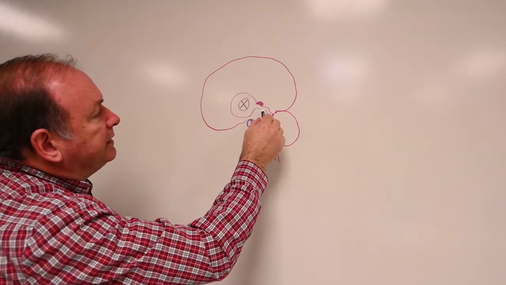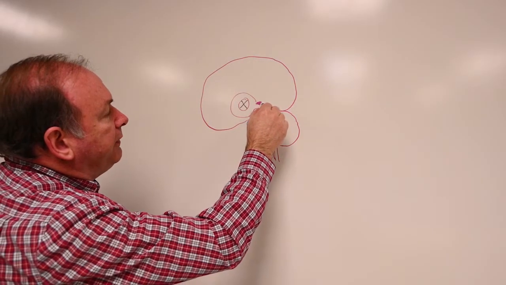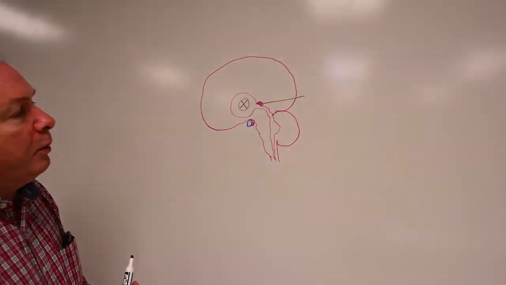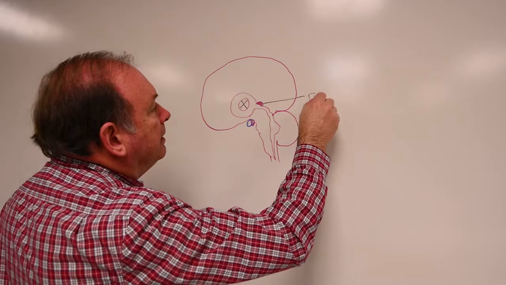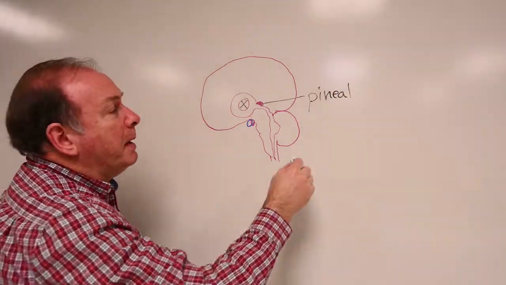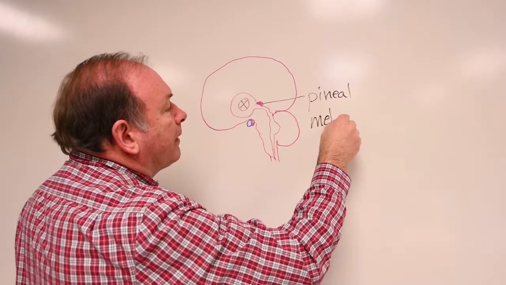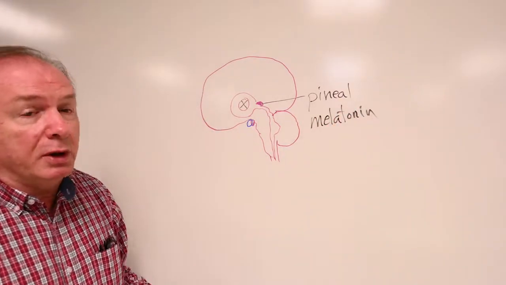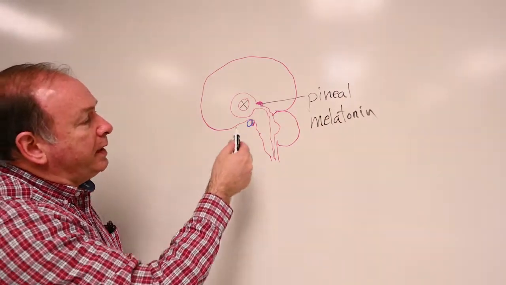Toward the back of all this in here, there's a small structure that develops that we know as the pineal gland. It produces melatonin, which we know is vital to our sleep-wake cycle. So that's where that comes from.